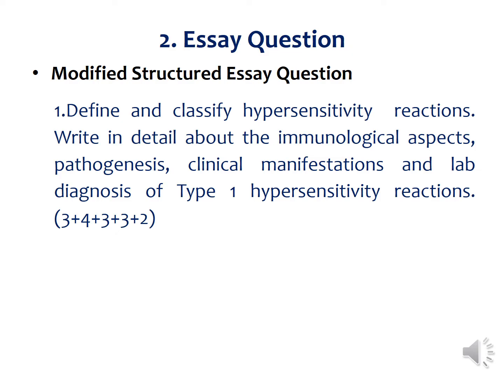Number 2 is a modified structured essay question, and here the essay question is with certain objectives. Here in this question, if you see, you have some objectives to answer.